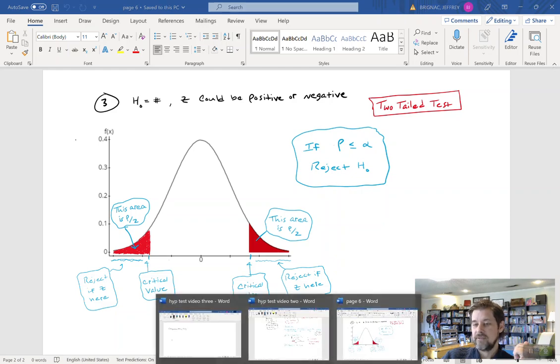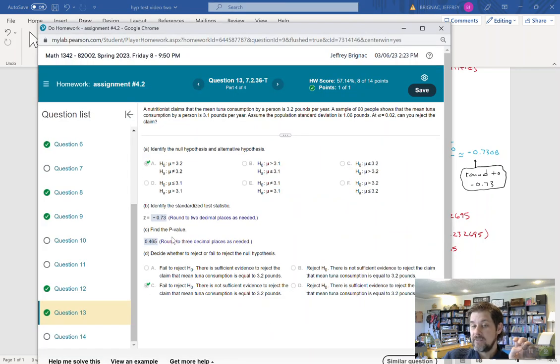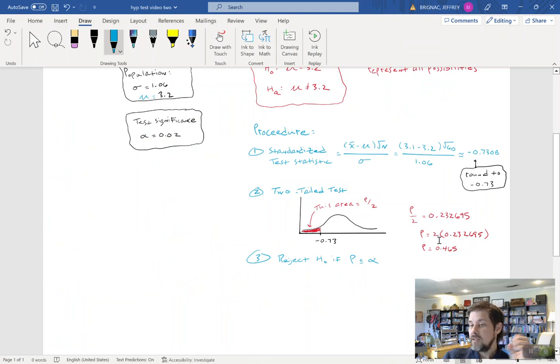So I have to remember to multiply that number by 2, and that's how I get the p-value. I also rounded this to 3 places because in MyMathLab that's what it said to do. So the p-value is 0.465, rounded to 3 decimal places.